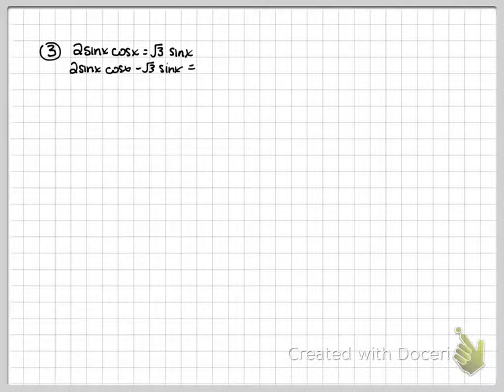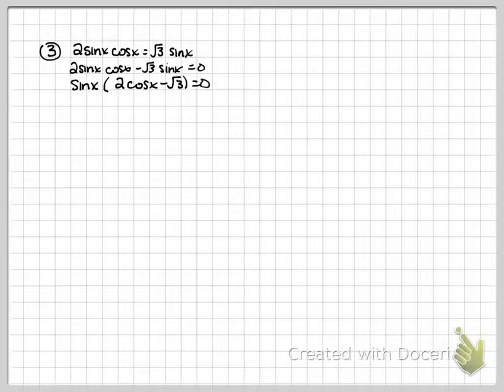I noticed that I have a sine of x in both terms, so I'm going to factor out sine x. That leaves me with 2 cosine x minus the square root of 3 equals 0.